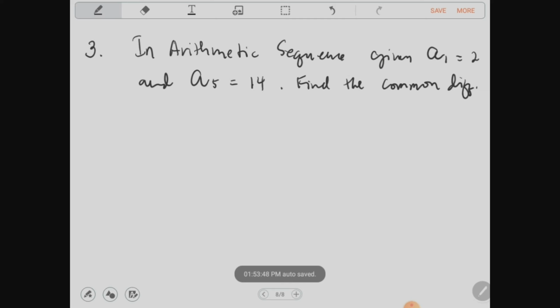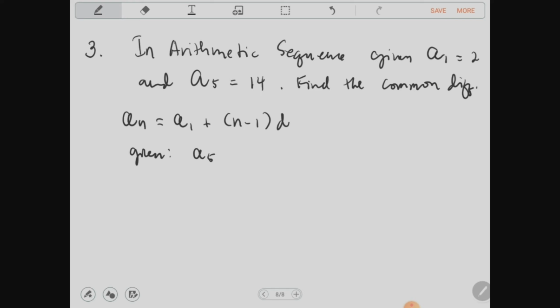So what we're going to do is use the formula of arithmetic sequence, which is A sub n is equal to A sub 1 plus the quantity of n minus 1 times D. Then let's substitute everything that we have in the problem to get our common difference.